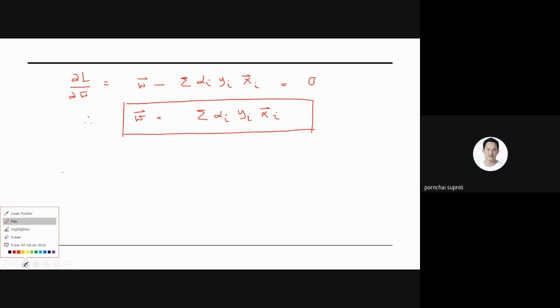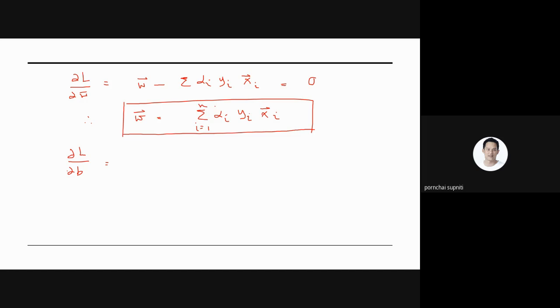And if we differentiate L similarly with b, we get an even simpler term. Okay, so this i is equal to 1 to n, where n is the number of support vectors.